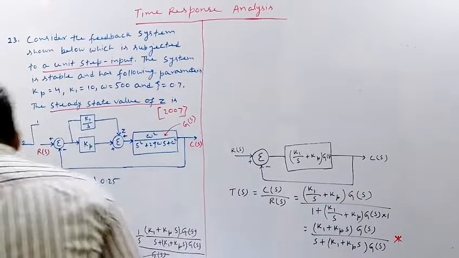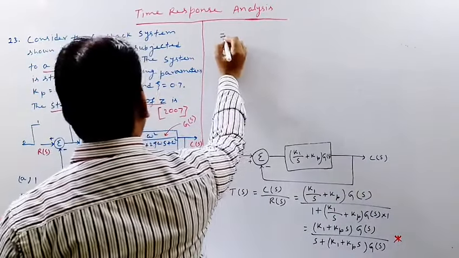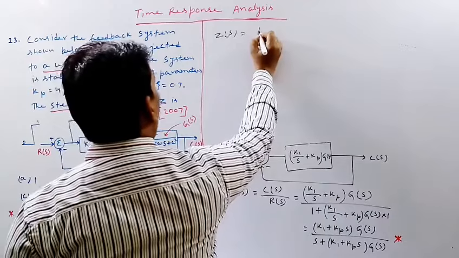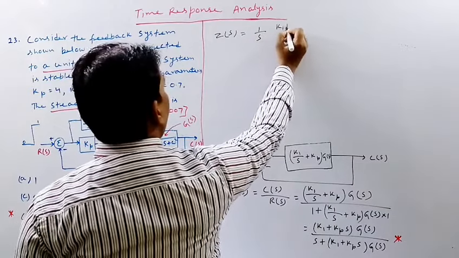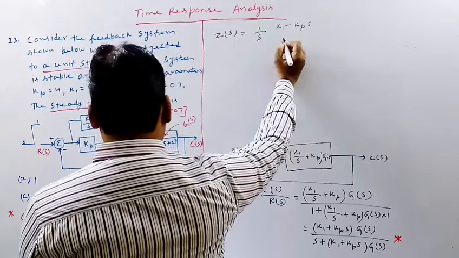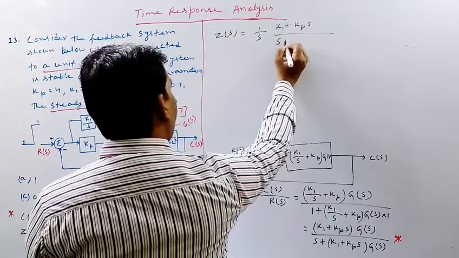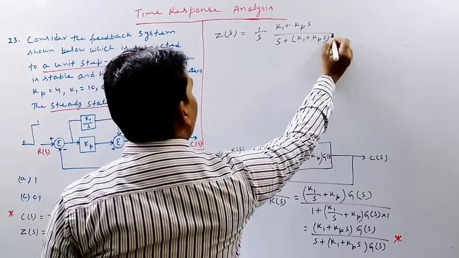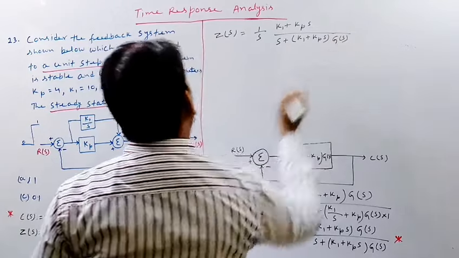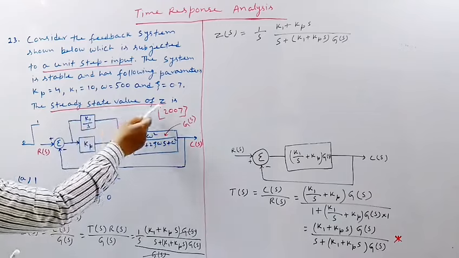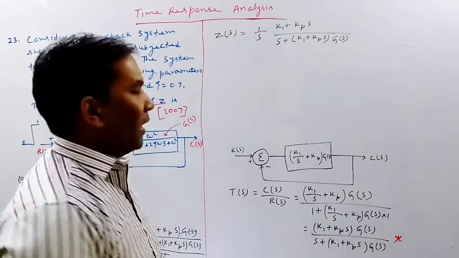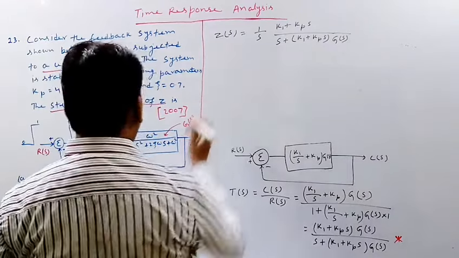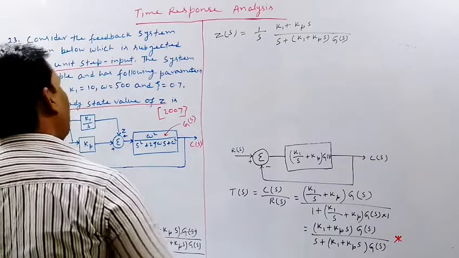ZS is nothing but 1 by S multiplied by K1 plus KpS in numerator, divided by S plus K1 plus KpS multiplied by GS in denominator. In the question it is asking about the steady state value of Z. So now we have to apply the final value theorem of Laplace for finding out the steady state value of Z. Let us denote the steady state value by ZSS.